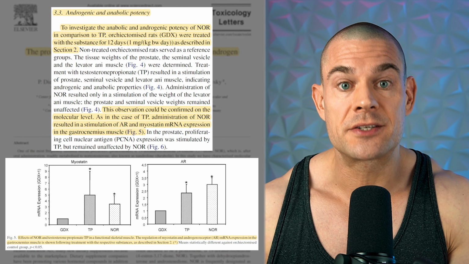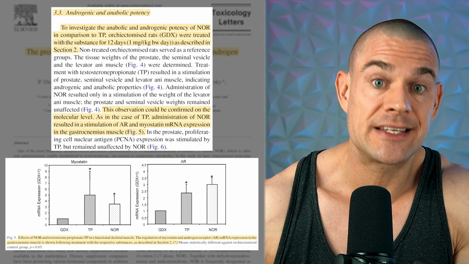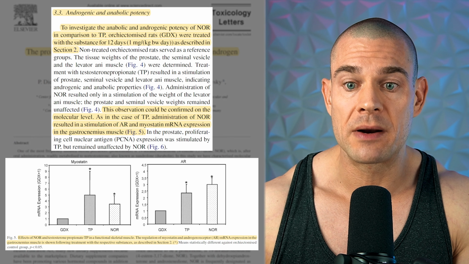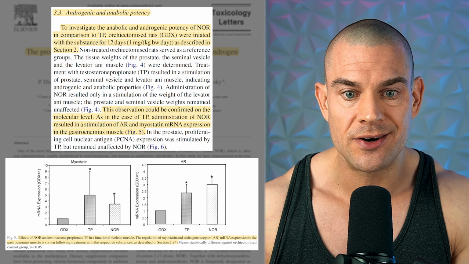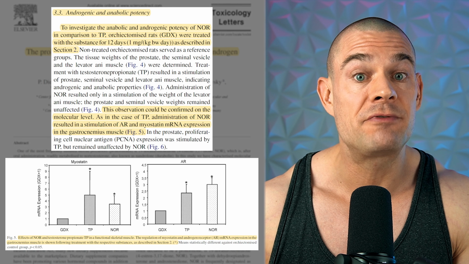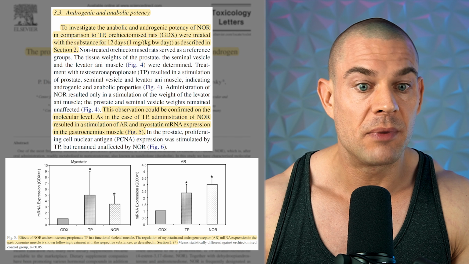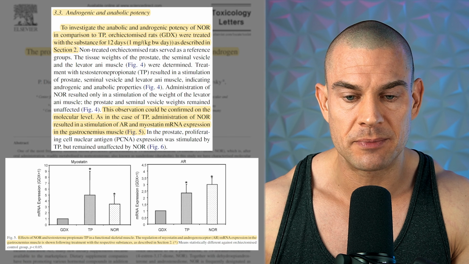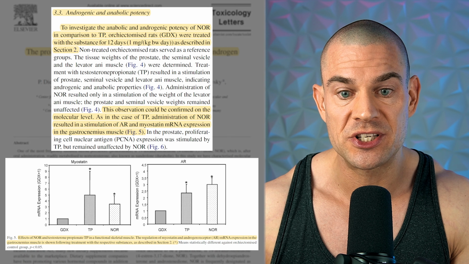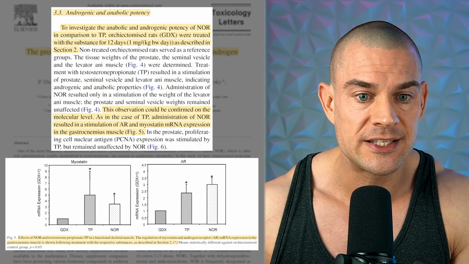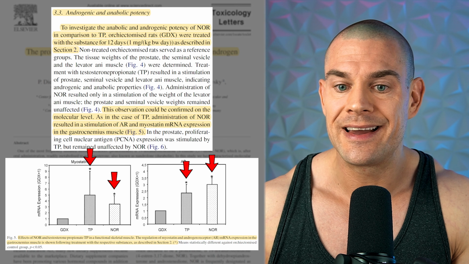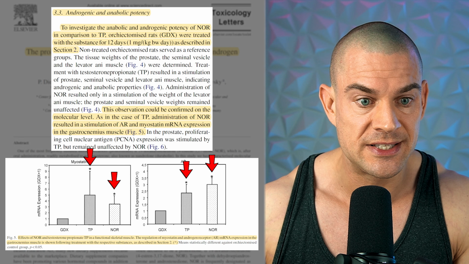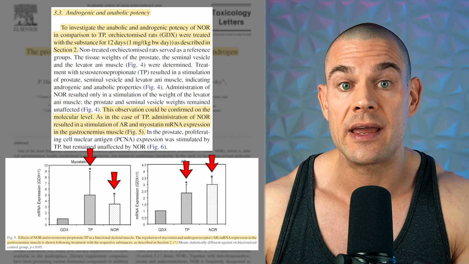In this study, they administered orchiectomized rats, again, testicles removed, with either 1 milligram per kilogram of body weight testosterone propionate or 19-norandrostenedione at the same dosage daily for 12 consecutive days. Both compounds were shown to increase androgen receptor and myostatin messenger RNA expression in the calf muscle of the rats, albeit that testosterone propionate increased myostatin levels more, and 19-norandrostenedione increased androgen receptor messenger RNA more.